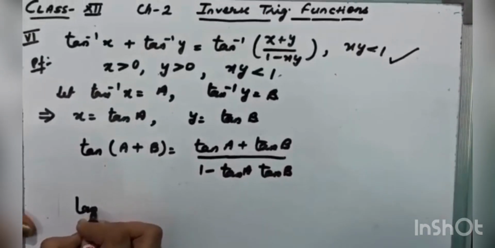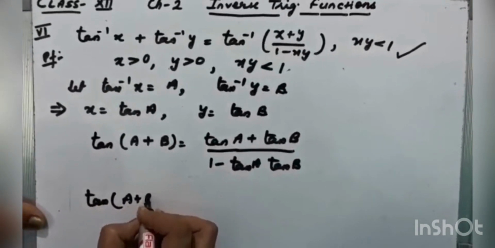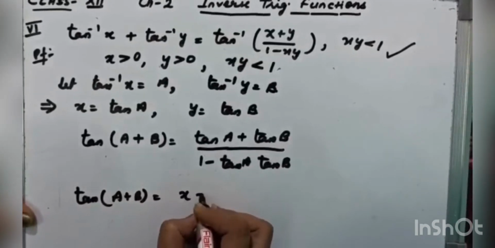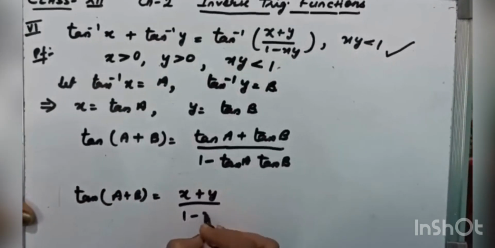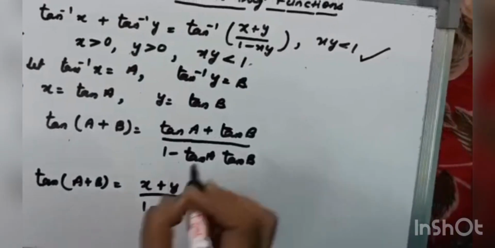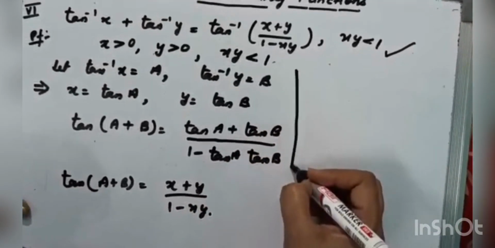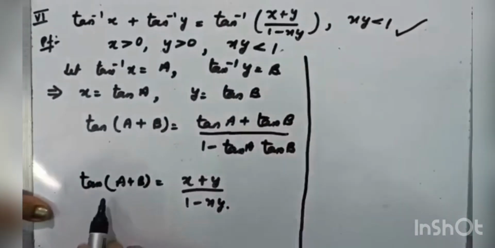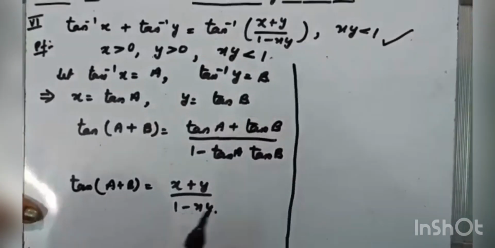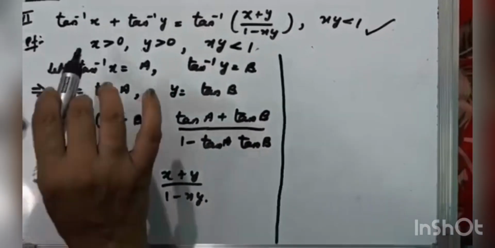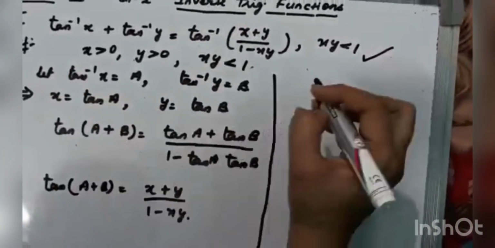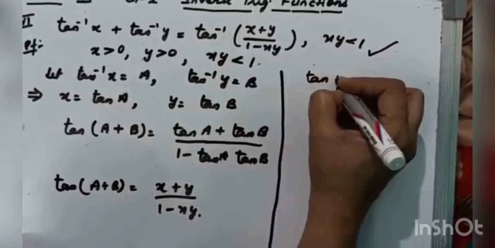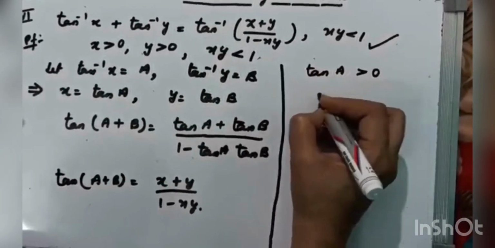Now tan of a plus b becomes x plus y over 1 minus xy. Now as x is positive, this means tan a is greater than 0.